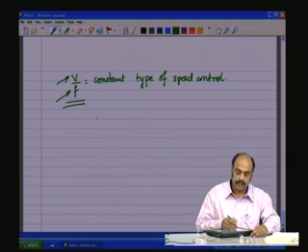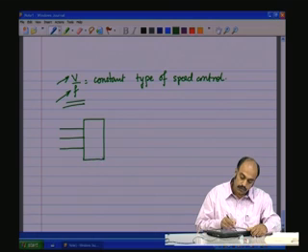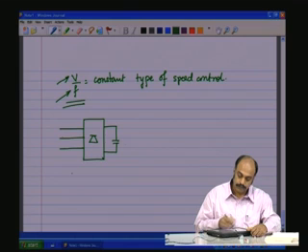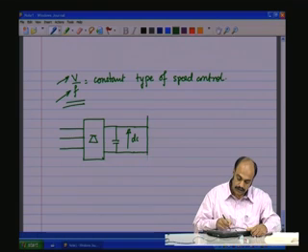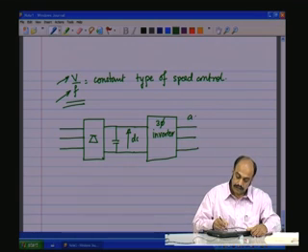How is frequency changed? Which means we can't directly feed the three-phase mains to the induction motor. It should now pass through a rectifier, filter, and this is now made into a DC bus. Now this DC bus should pass through a three-phase inverter, which now gives three-phase AC.